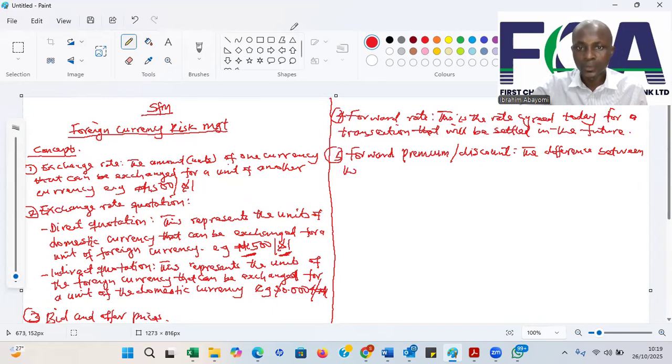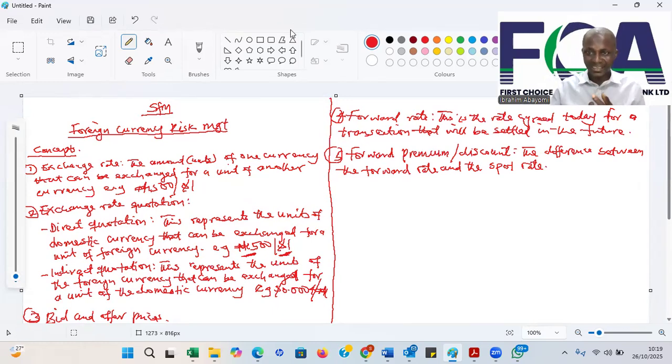If the difference between the forward rate and the spot rate is positive, we say it's a premium. If it is negative, we say it's a discount.